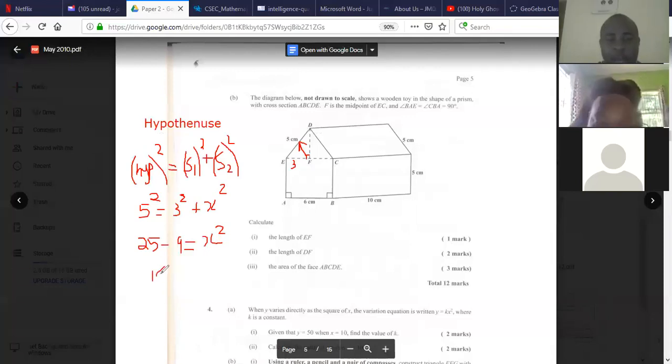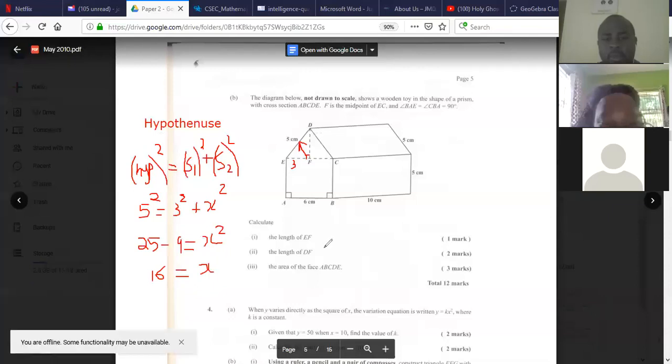But again, do we want x squared or do we want x? We just want x. So what do we do with the square? You do the opposite of square.